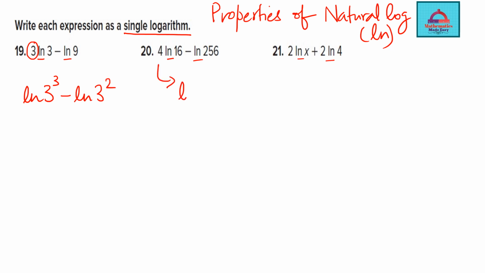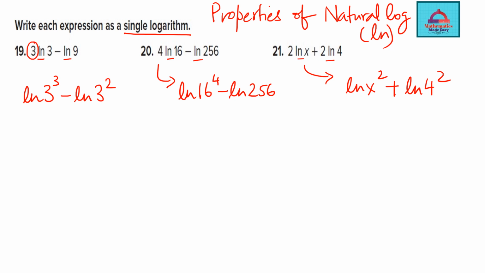Similarly here I use ln 16 to the power 4 minus ln 256, and here I use ln x square plus ln 4 square. So this is the first step in each of these questions. What did I do? I used the power property. So this number which is outside comes in the power. Now, there was no need as such of writing this 9 as 3 square, but even if you do, it is going to be the correct answer.